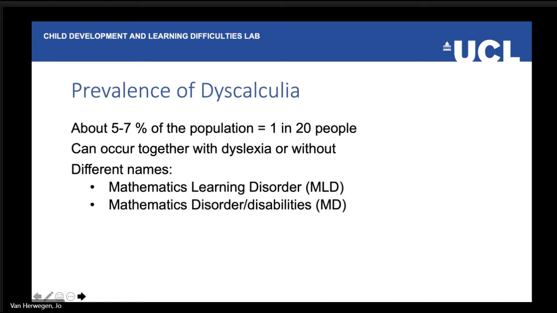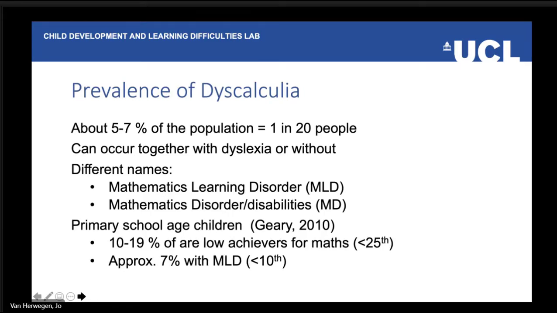So people might use developmental dyscalculia, but you might also be more familiar with other names such as mathematics learning disorder, MLD, or mathematics disorder or disability, MD. And different people use slightly different criteria in terms of what the cutoff point is.